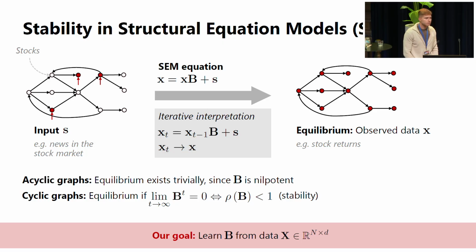Have you looked into more flexible notions of stability here that allow for self-cycles? Because there are results in linear systems theory which give an analogous condition, which is not about spectral radius, but it's a different condition. But it could enlarge the class of SEMs that you can learn.